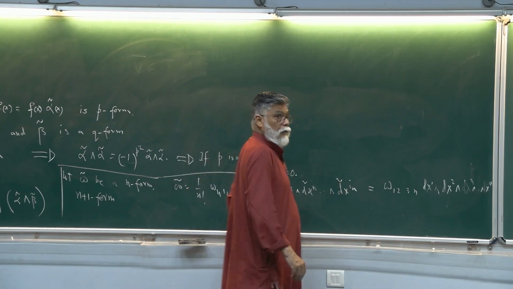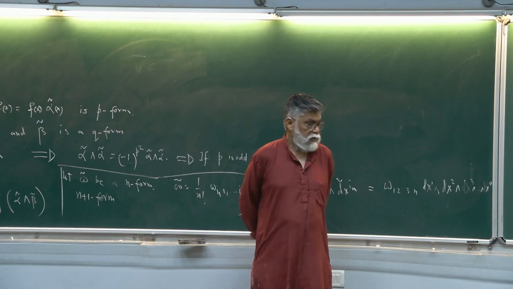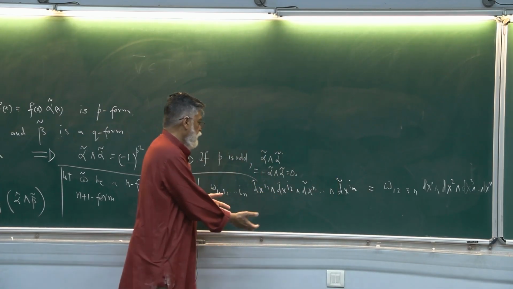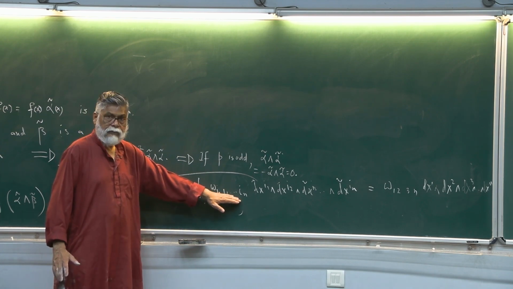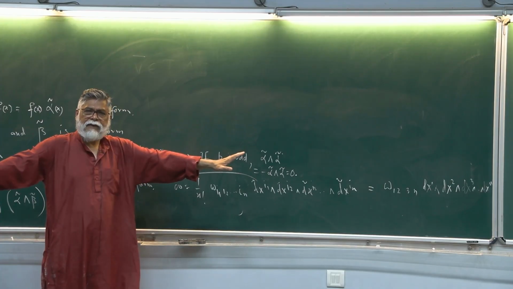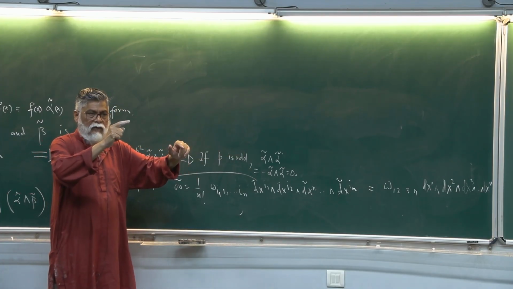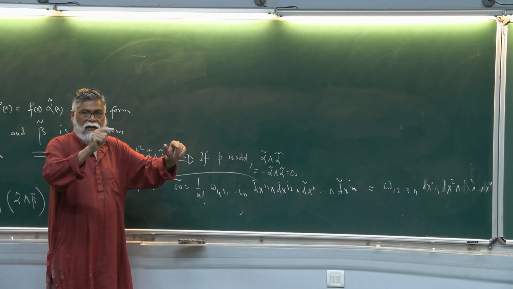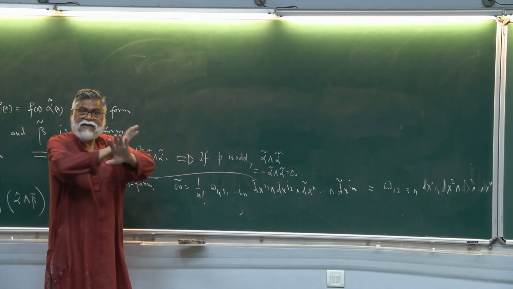I don't understand why only one component of the omega survives. So go see, omega I1, I2, up to In is completely antisymmetric. Completely antisymmetric. That means you take any component, omega 3, 2, if I repeat any index, it is 0.